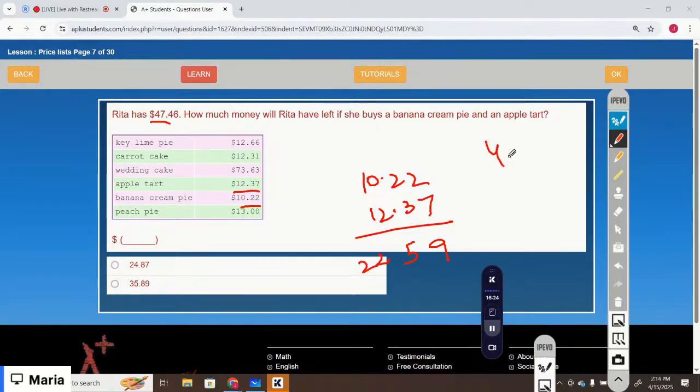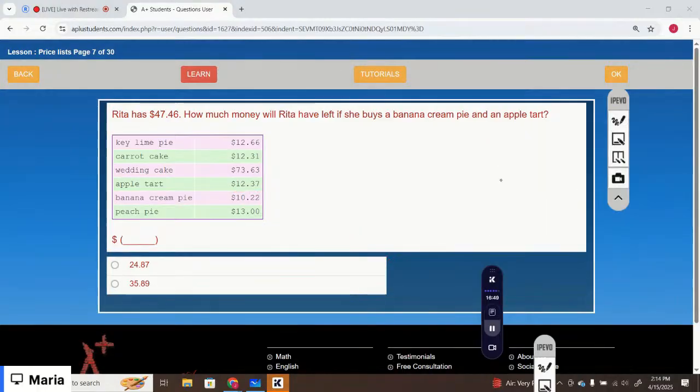So just subtract. We need to see how much money she has left. 16 minus 9 is 7. 13 minus 5 is 8. That is $24.87. So that means if she buys a banana cream pie and an apple tart, she has $24.87 left. Option number 1 is the correct option.